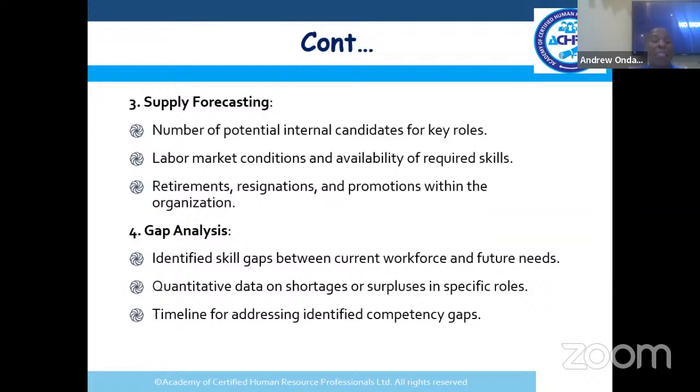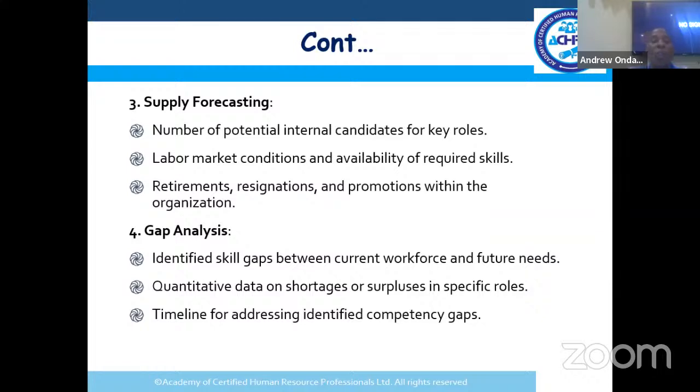And then vice versa. Where supply is more than demand, it means that you have more employees than you want or than you need. So what happens in this case is that you will have a surplus. A surplus is a gap.